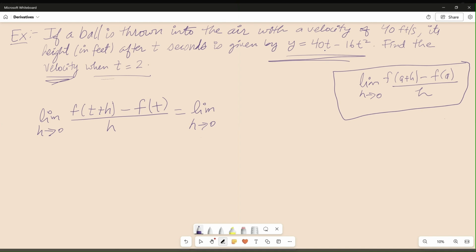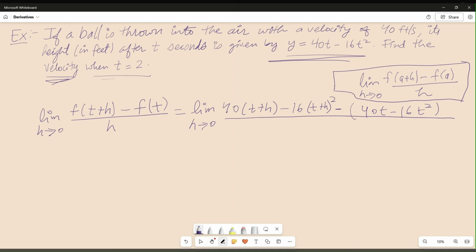We simply plug into the function: 40 times (t plus h) minus 16 times (t plus h) squared, minus f of t, which is simply 40t minus 16t squared, divided by h.